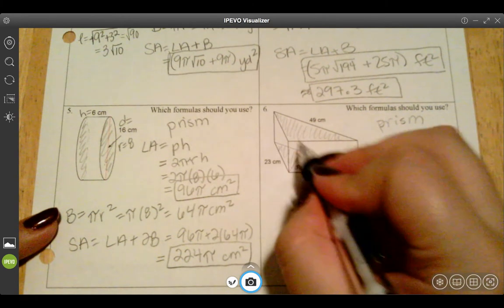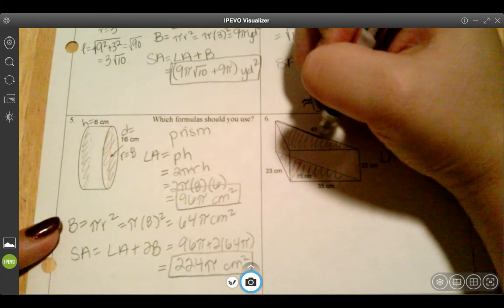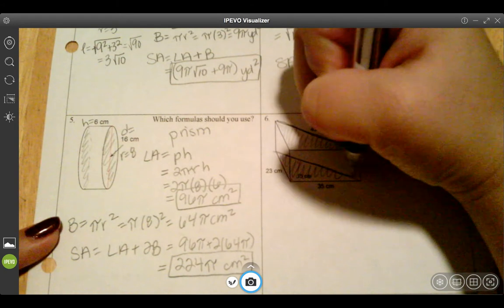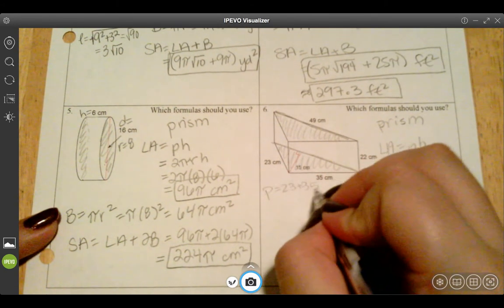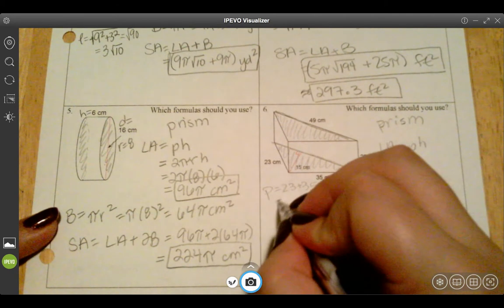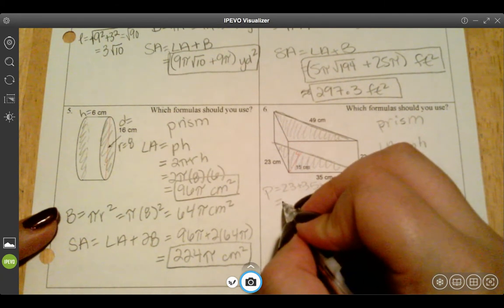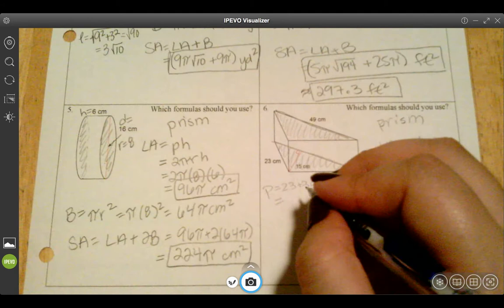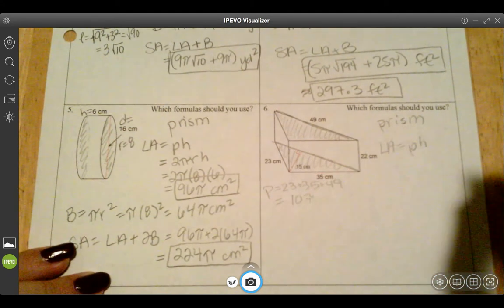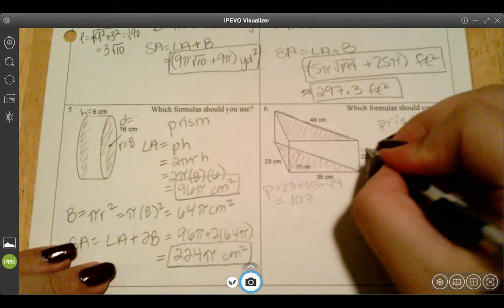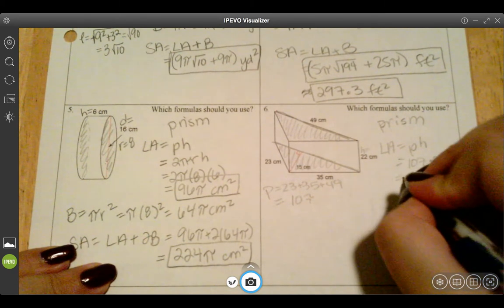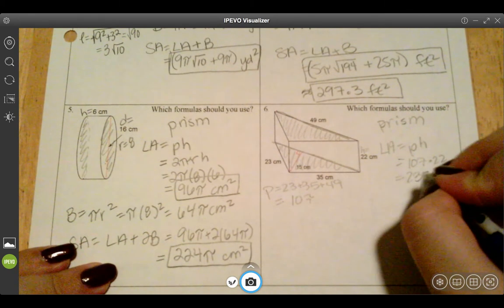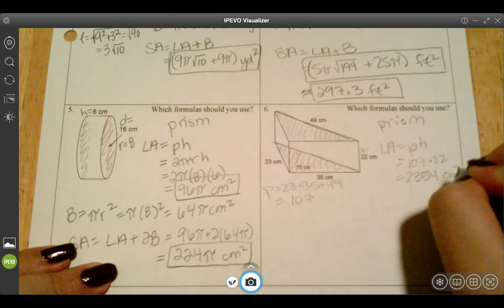Perimeter, so if this side is 49, then this side is also 49. So the perimeter is 23 plus 35 plus 49, giving us a perimeter of 107. And this is our height. 107 times 22 gives us a lateral area of 2,354 squared centimeters.